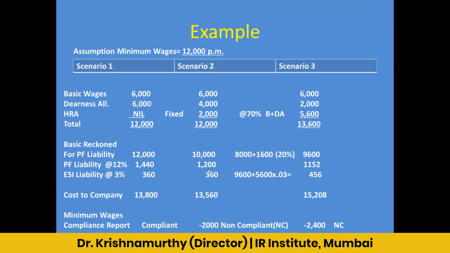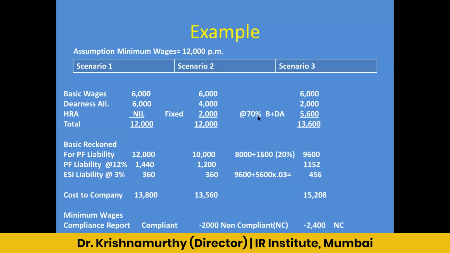PF liability will be 1,200 only. And ESI liability will be 360. Cost to the company is 13,560. But this is non-compliance because the employee is not getting the minimum wages of 12,000 as per this act. He is getting 12,000 rupees in income, but that will not be reckoned as wages. You will be required to pay this additional amount of 2,000 to be compliant with the Minimum Wages Act.